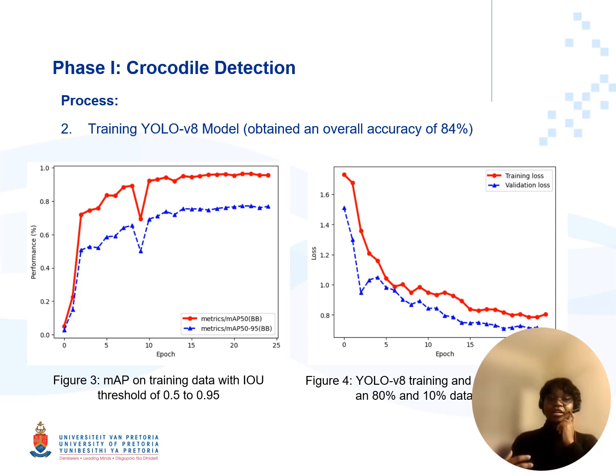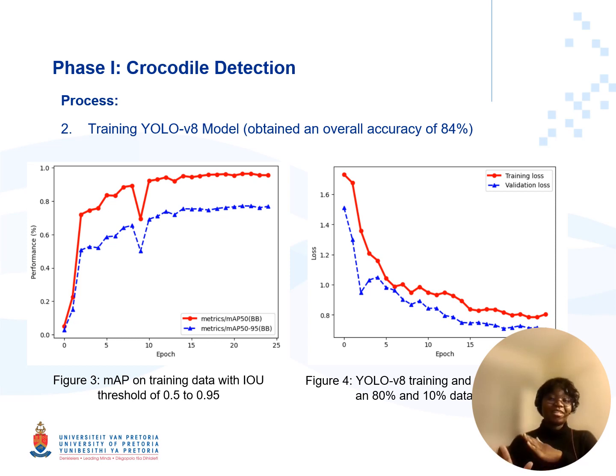So it's like a score of how well our model did in predicting the exact location of crocodiles within our images. Our initial mAP score was 0.956 when we used an IOU of 0.5, and it was 0.768 when we used an IOU between 0.5 and 0.95.